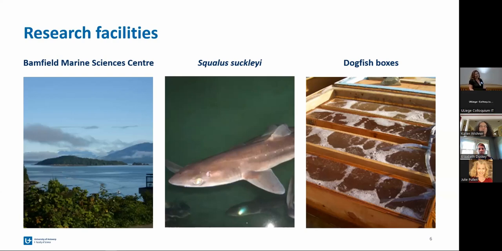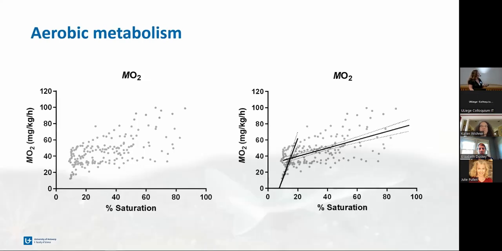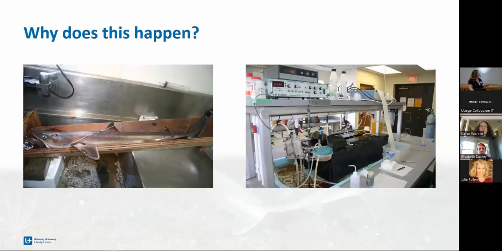It's my favorite place in the world still, even after going to Maria, where Jody was just talking about the black tip reef sharks. It's a beautiful place. And we go there in summer.